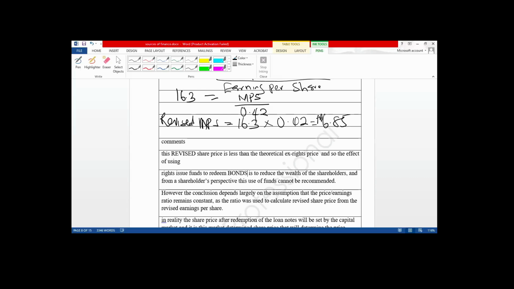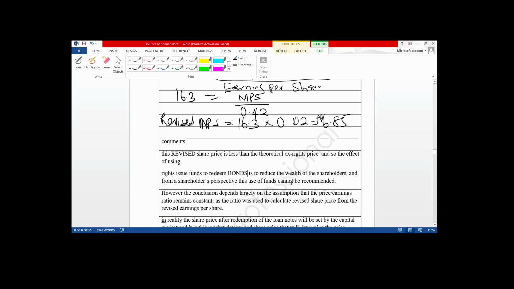However, the conclusion depends largely on the assumption that price-earning ratio remains constant, as the ratio was used to calculate revised share price from the revised earnings per share.